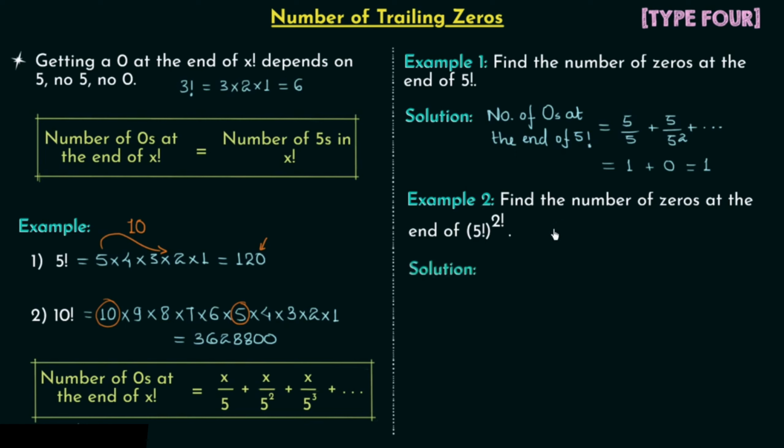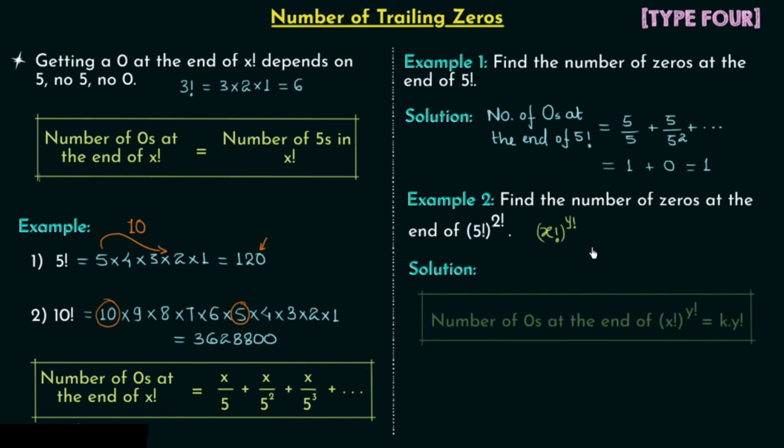Let's say 5 factorial is x factorial and 2 factorial is y factorial. So x factorial raised to power y factorial, we want to find out the number of zeros at the end of this. The formula is number of zeros at the end of x factorial raised to power y factorial is equal to k multiplied to y factorial.